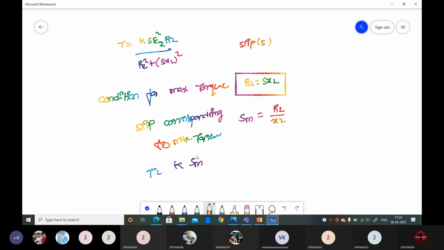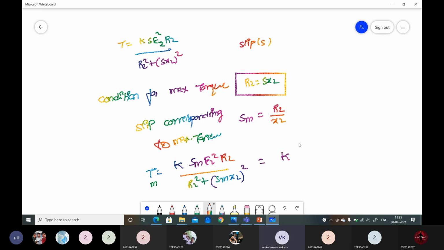So K Sm E2 square R2 by R2 square plus (Sm X2) whole square is the maximum torque.